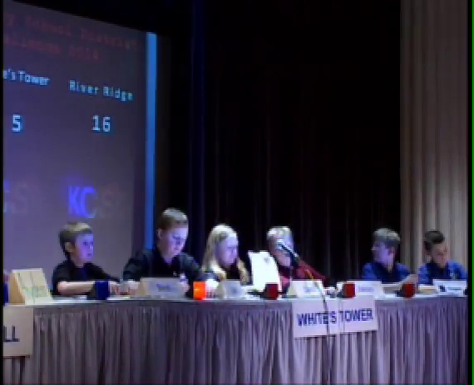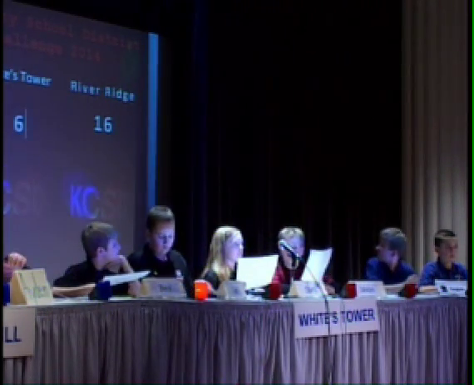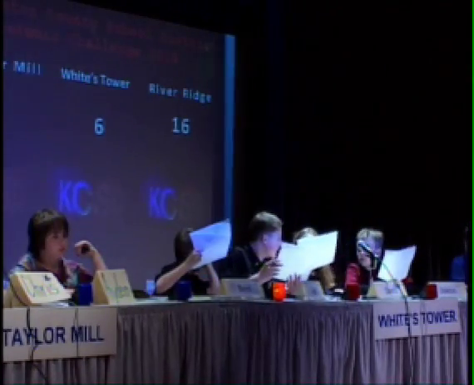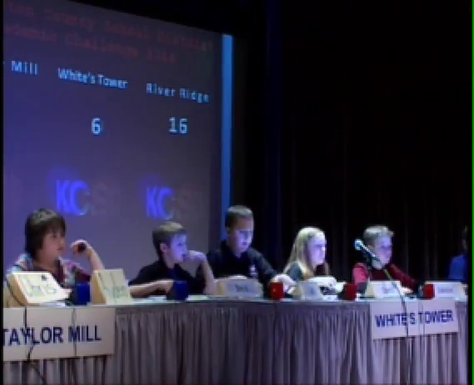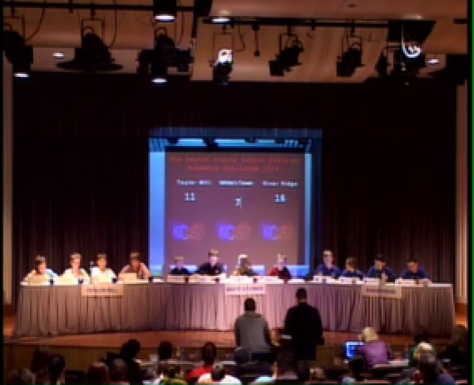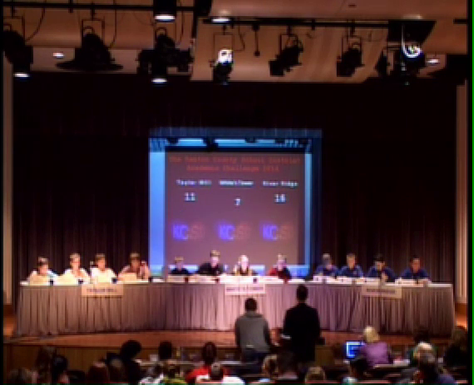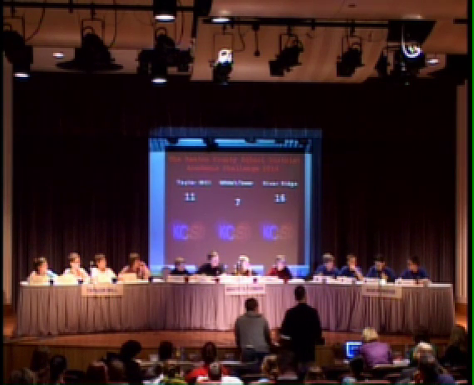Bonus 29. Which annual award is given to the best children's book illustrations? Caldecott. That's correct. Toss-up 30. What is the appearance of oneness or wholeness achieved when all parts of an artwork look as though they belong together? River Ridge Red.